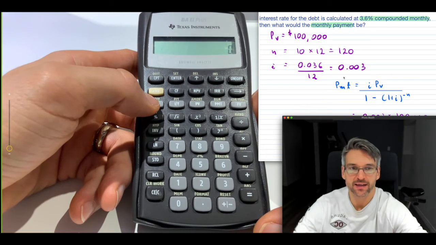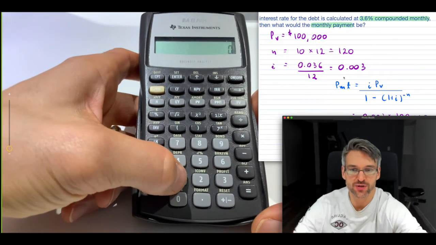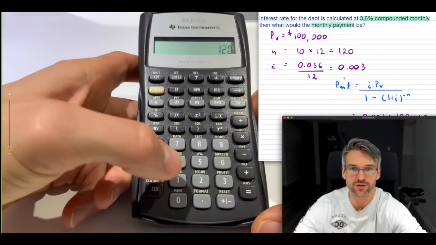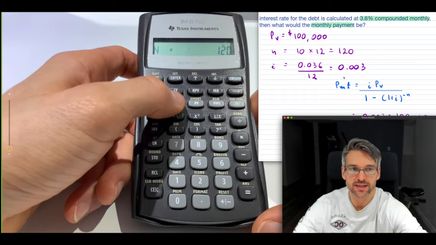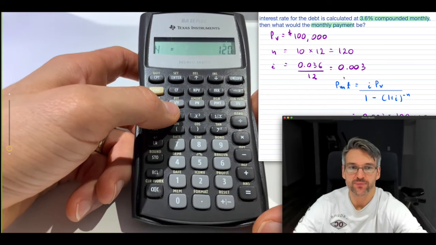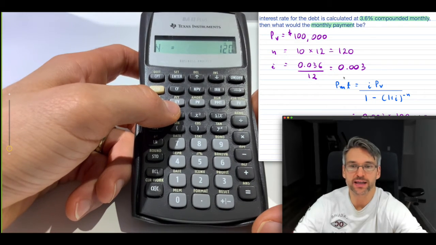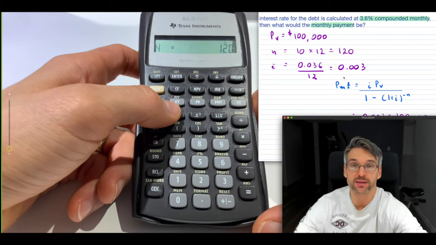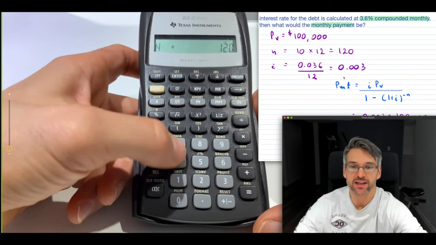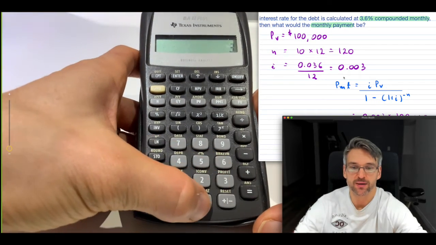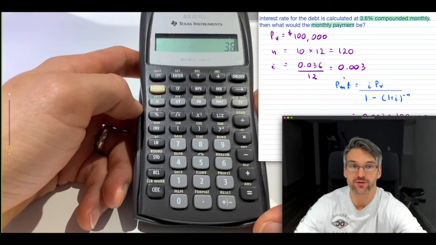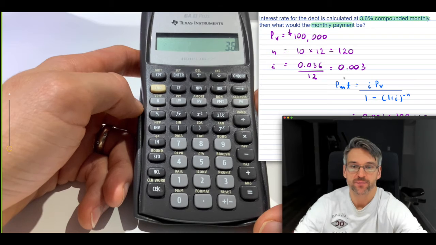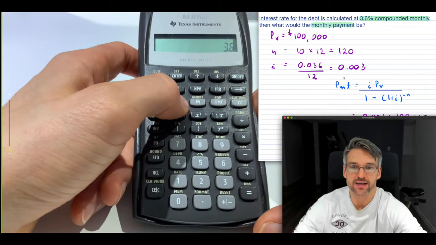N is 120, because that's 10 years times 12. Our interest I, because we have already inputted that we are compounding monthly, here all we're going to do is put 3.6. You do not divide it by 12 in here, you just leave it as it is. So that's 3.6, that's I.